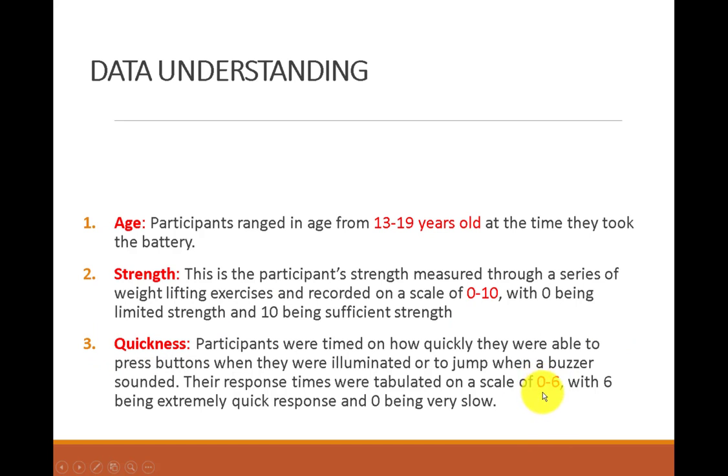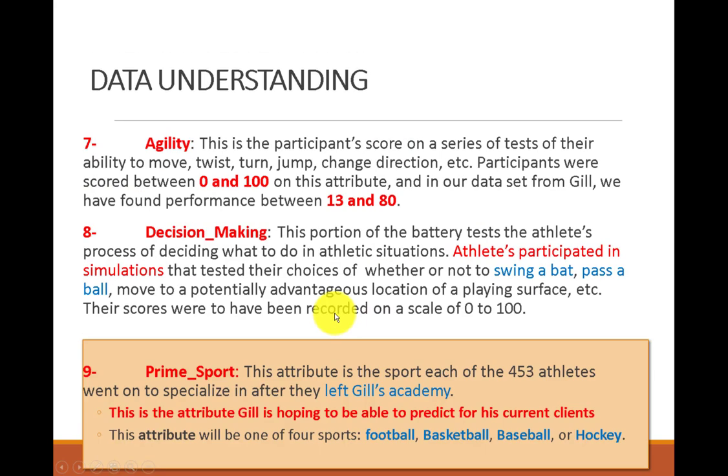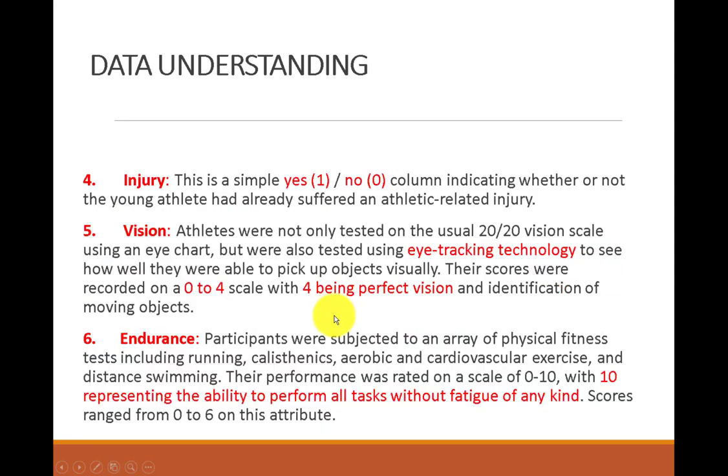Quickness ranges from 0 to 6, where 6 is extremely quick and 0 is very slow. Injury, yes if he had some previous injuries, 0 if not. The vision was between 0 and 4. So those are discrete numbers: 0, 1, 2, 3, 4.